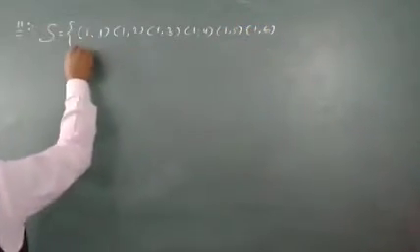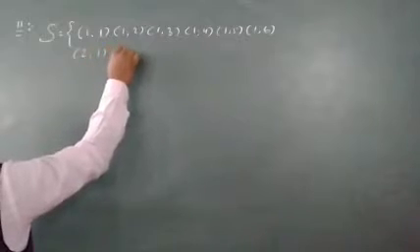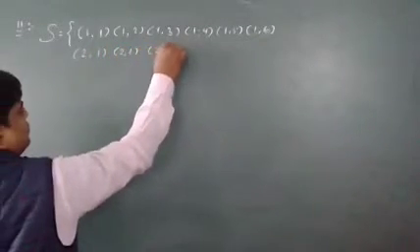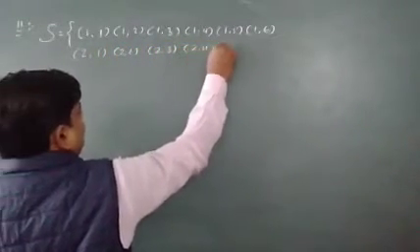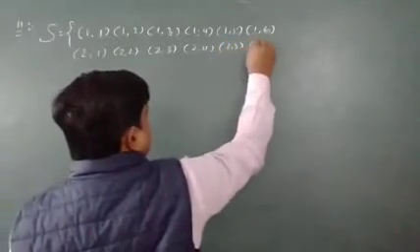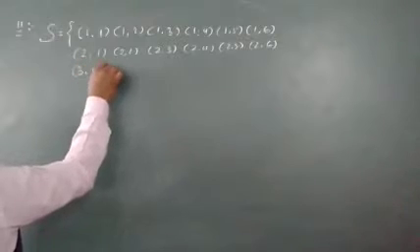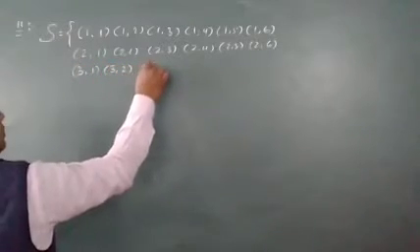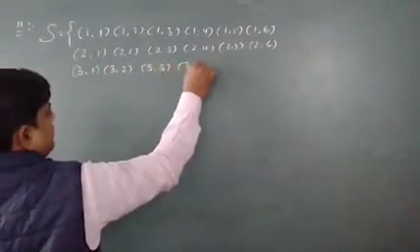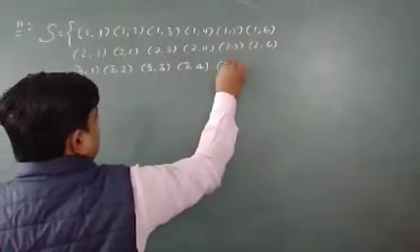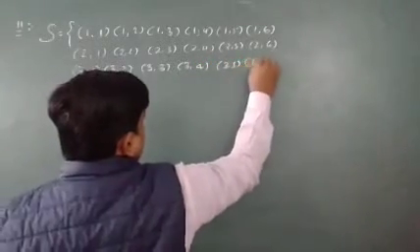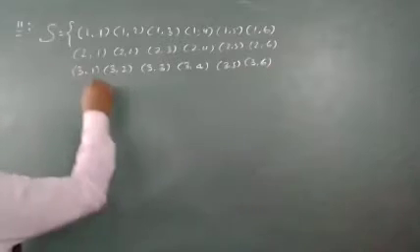In the same way, here I can write 2 1, 2 2, 2 3, 2 4, 2 5 and 2 6 will come. Then 3 1, 3 2, 3 3, 3 4, 3 5 and 3 6 is there.